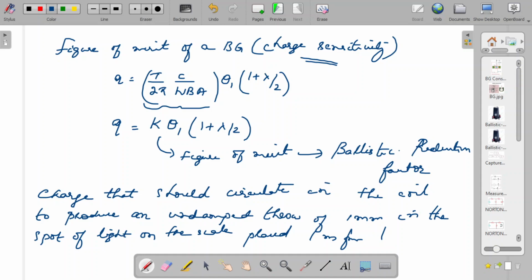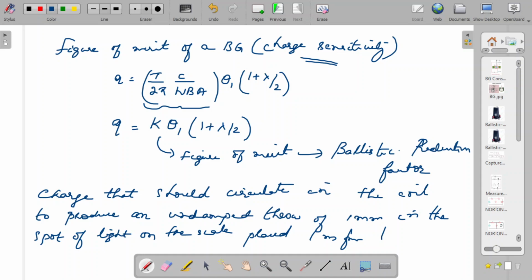So theta 1 into 1 plus lambda by 2, the whole thing, is actually the undamped throw. Theta 1 is the first damped throw, and theta 1 into 1 plus lambda by 2 is the undamped first throw. I can also write it as Q is equal to K into theta.